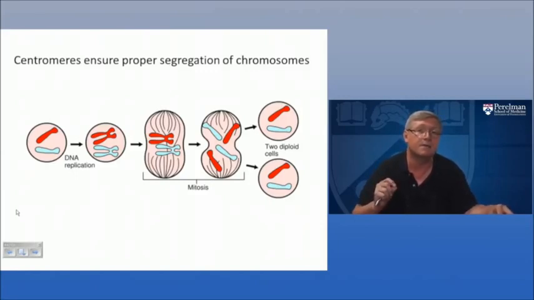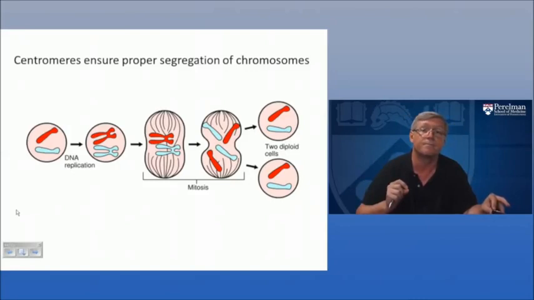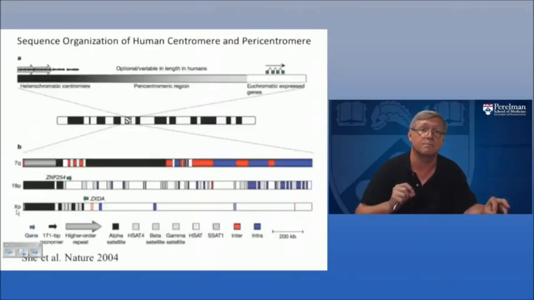More typically, they're not at the very end; they're somewhere along the body of the chromosome. They form the attachment sites for microtubules, and during the replication process, the chromatids are pulled to one daughter cell or the other through the attachment of the microtubules to the centromere, ensuring the proper segregation of the genomic material.